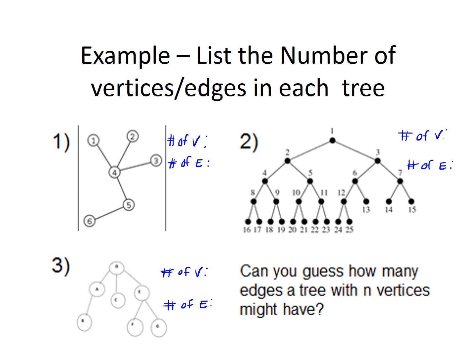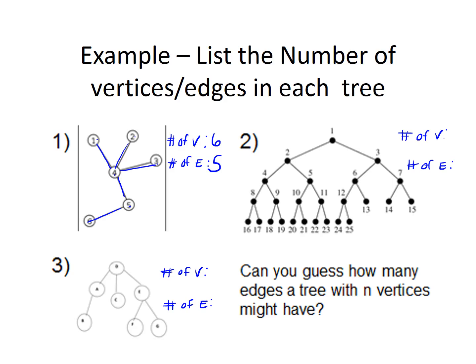All right, so let's look at the first one. 1, 2, 3, 4, 5, 6. There are 6 vertices, and if you count the number of edges, 1, 2, 3, 4, 5, there are 5 edges. Again, it's a tree because there are no circuits, and it is connected.